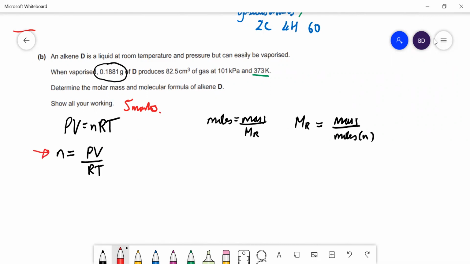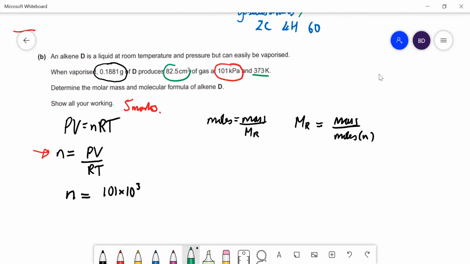Now with the ideal gas equation, you've just got to be really careful with units. Pressure has got to be measured in pascals, not kilopascals. So n is equal to 101 kilopascals, that's 101 times 10 to the 3 pascals. Volume, this is where everyone forgets, so we're really careful here.